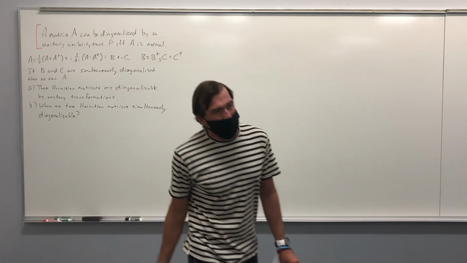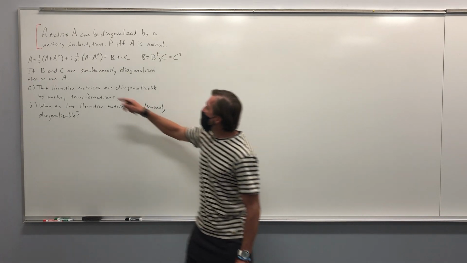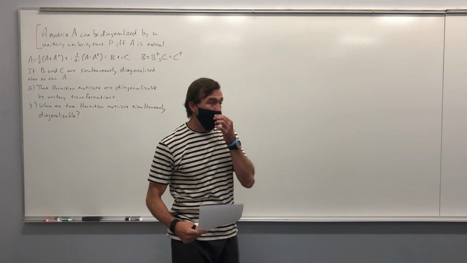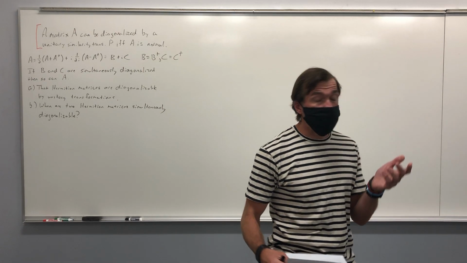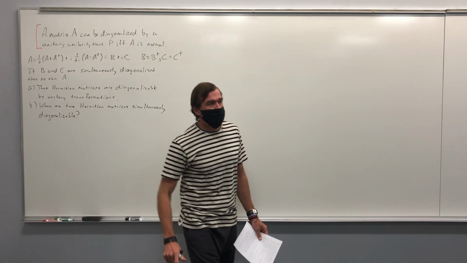Now, doesn't that mean that A is hermitian? No, because A is the sum of two hermitian matrices, but it's got an i in there. And that i switches sign when you transpose or when you hermitian conjugate it. So there's no guarantee that A itself is hermitian.